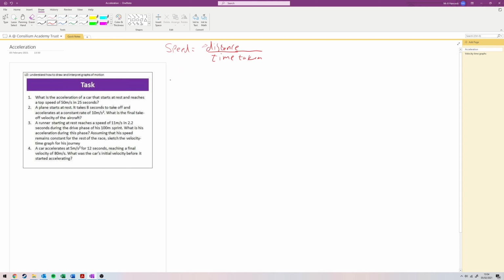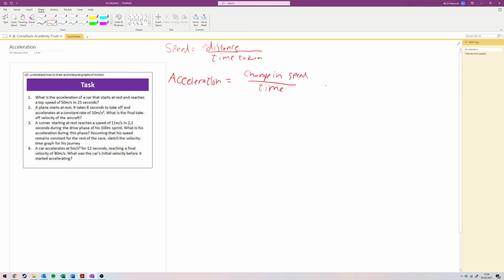Now, when we're talking about acceleration, which is another one you need to remember, acceleration is the change in speed. So it's the change in speed divided by the time taken for that change.